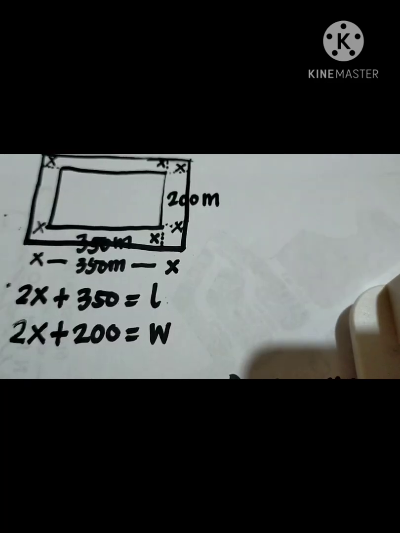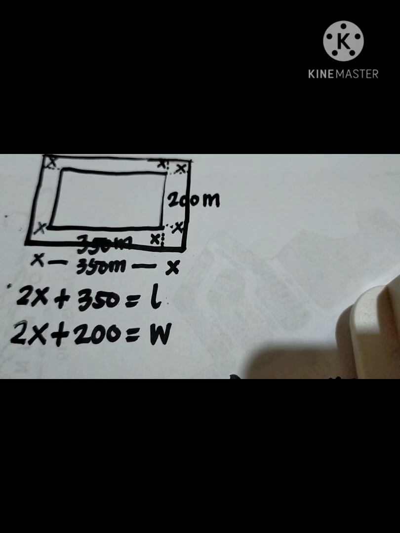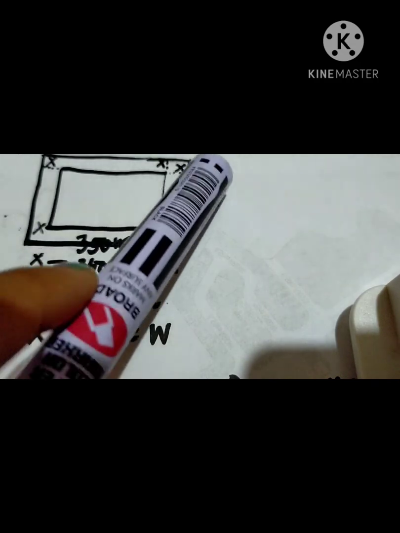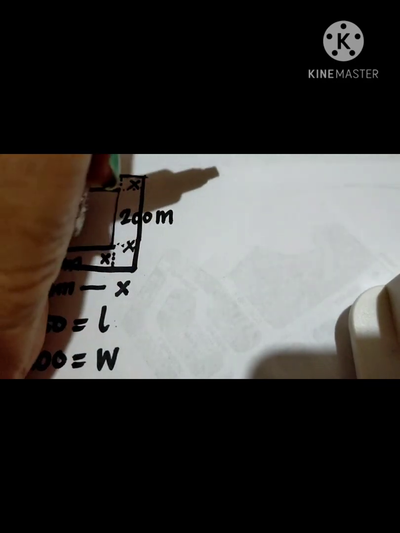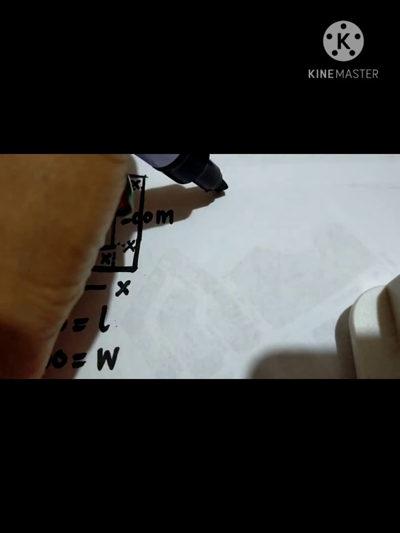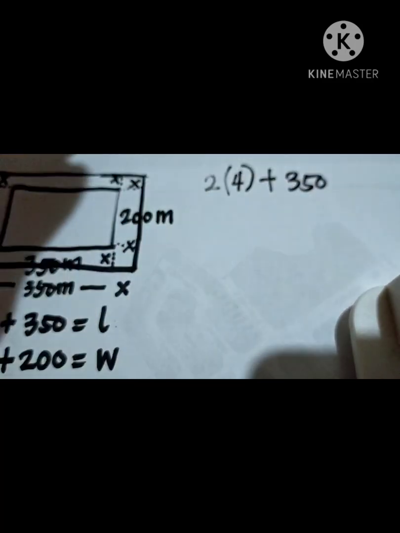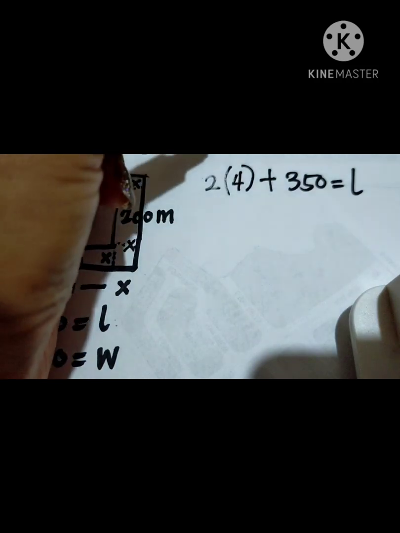Now let us substitute the value of x, which is 4, to the equations that we have created based on the illustration. We have 2 times 4 plus 350, that is the measure of the length of the bigger rectangle.